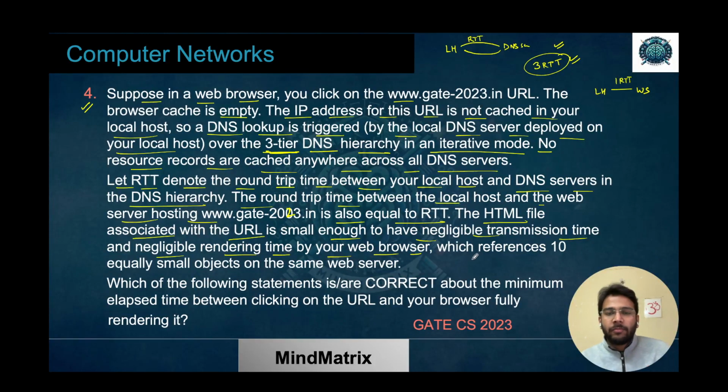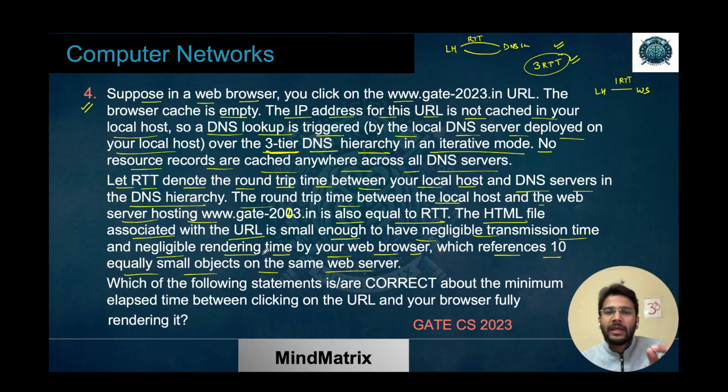Now, in that base HTML file, it references 10 equally small objects on the same web server. Let me explain it in an easy way. When you request an HTTP web page, on the web page you will have some images, you will have buttons.